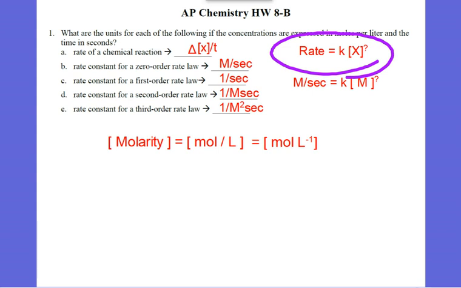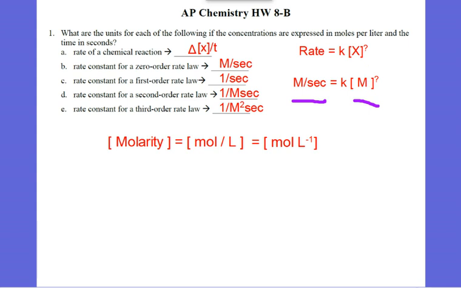It's either going to be 0, 1, or 2, but when we plug different values in, it's going to impact the units for K. Since rate is always going to be molarity per time unit, and on the other side we have molarity to some power, as that order changes, K's units will change.